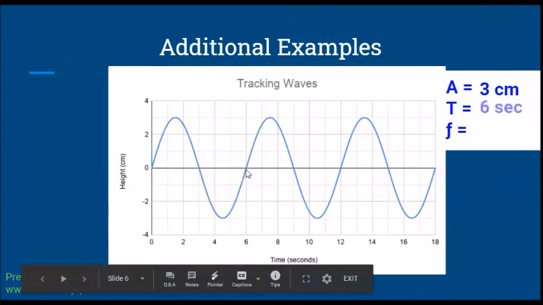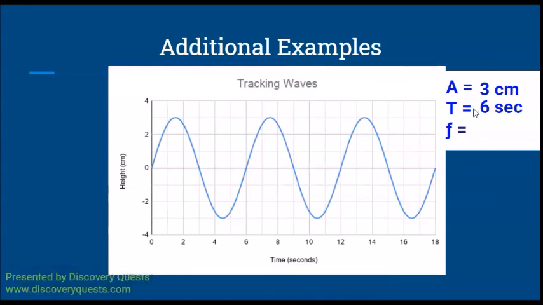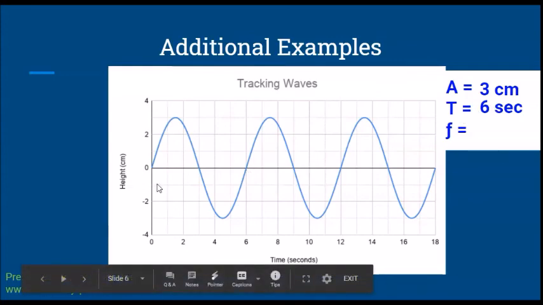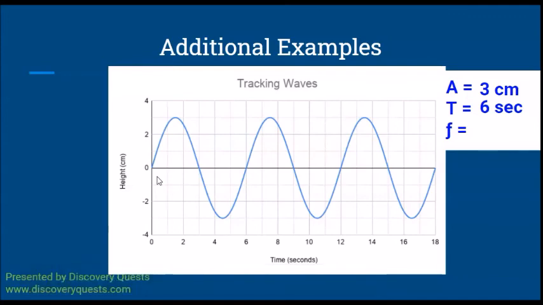It's 6 seconds. And the frequency, which is always the inverse of the period, calculates how much of a wave goes by each second, is simply 1 over 6 seconds, or 167 thousandths hertz.